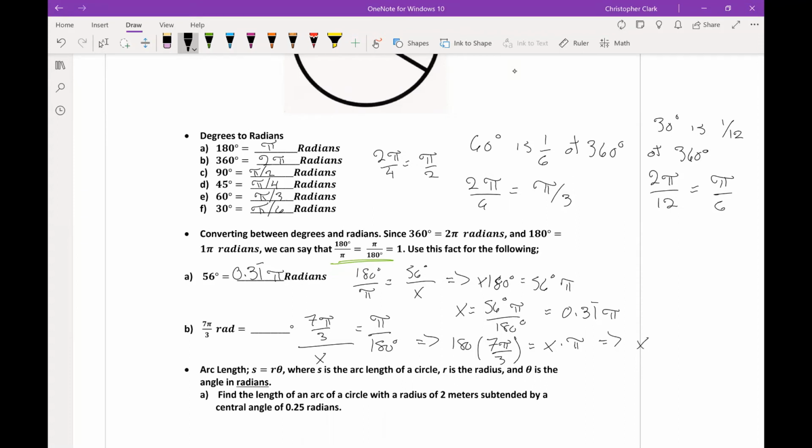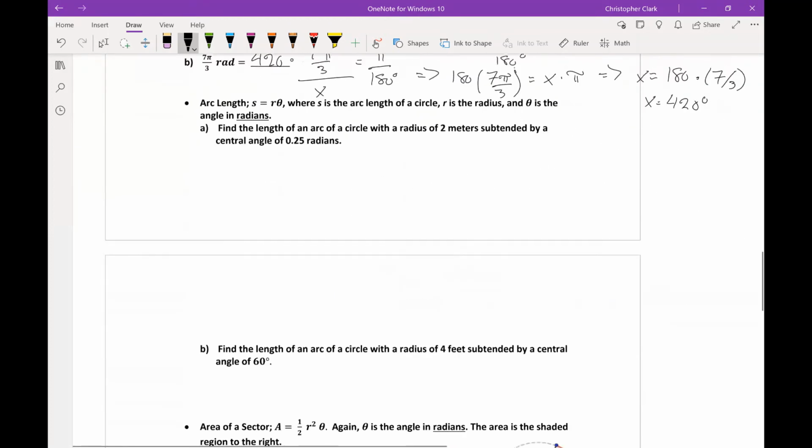So x is equal to 180 times 7 thirds, which turns out to be 420 degrees. So the idea is all we need to do is use our ratio right here, 180 degrees over pi is equal to pi over 180 degrees is equal to 1, and set it up in such a way that things cancel and we're left with only either degrees or radians.